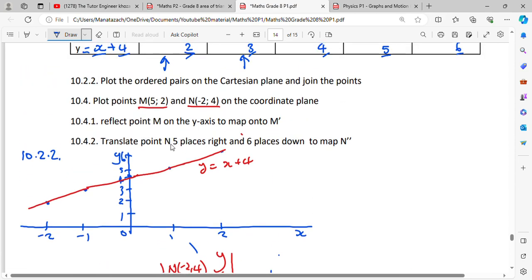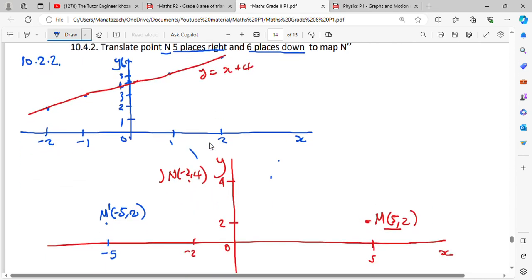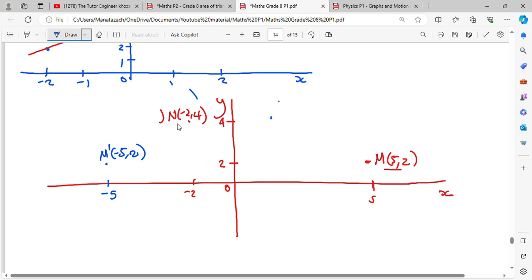Translate point N 5 places to the right and 6 places down. Okay, let's start with 5 places to the right. Here is point N. So if you're going to take it 5 places to the right, that means minus 2 will change 5 places to the right.